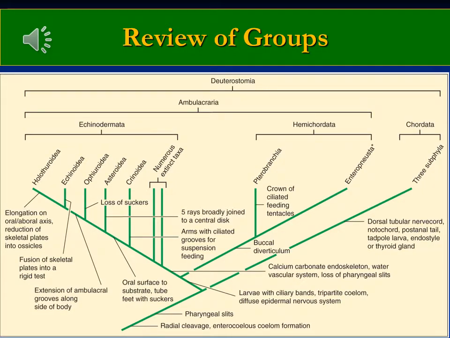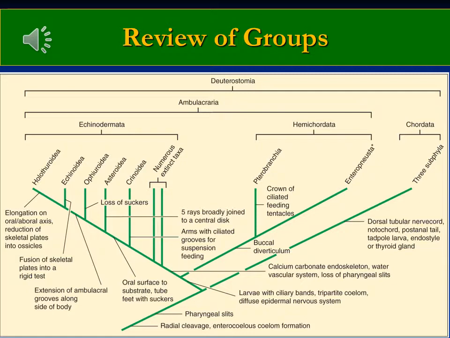Let's just review these groups once more. So within the animal kingdom here, we have some major groups. Way back, we have our basal phyla. Then we have our Lophotrochozoa and our Ecdysozoa.